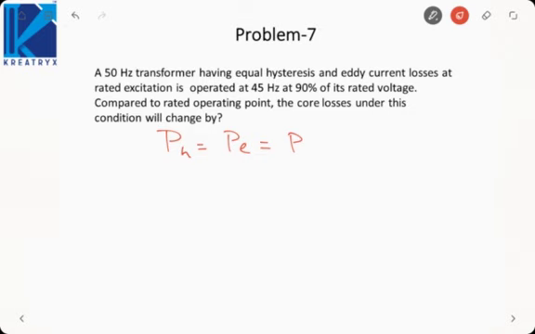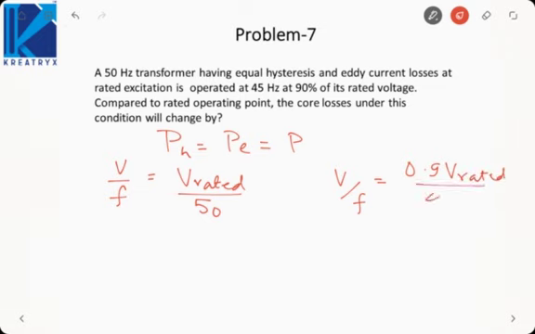Now, in our first case, V by F is equal to rated voltage by 50 Hz. In our second case, V by F is equal to 0.9 times rated voltage by 45 Hz, which comes out to be V rated by 50.